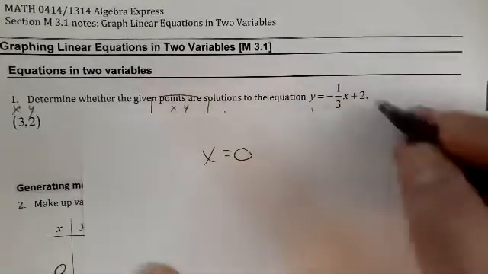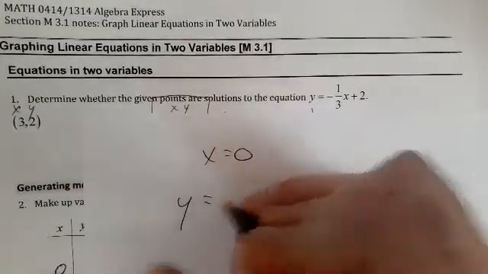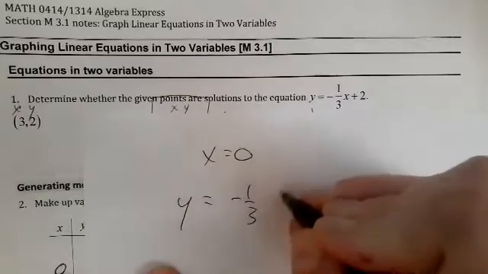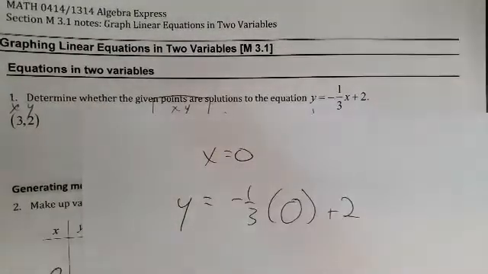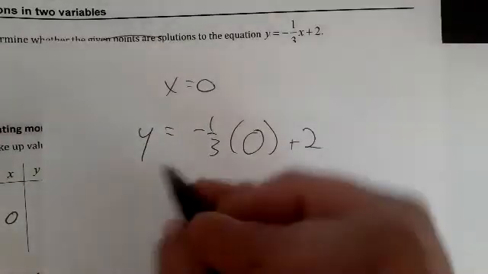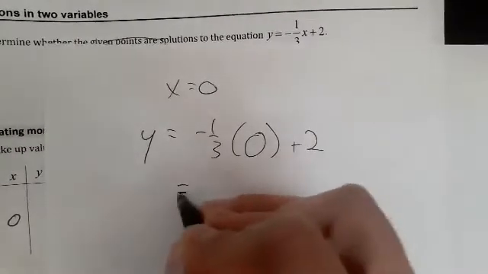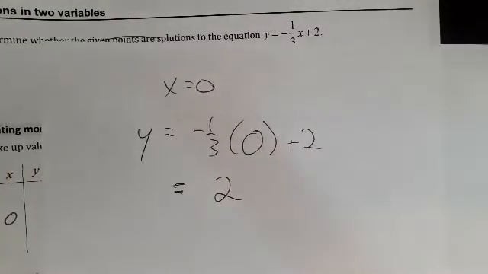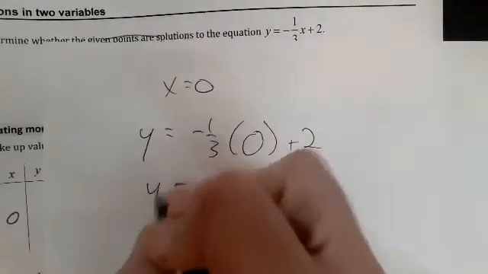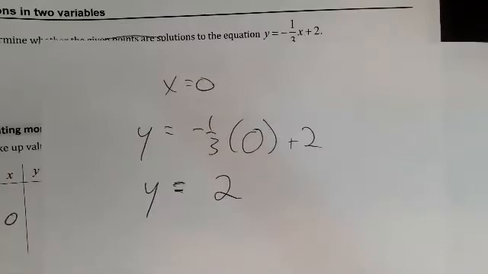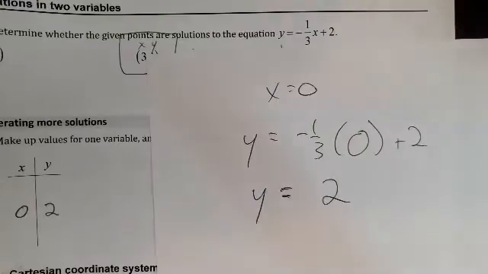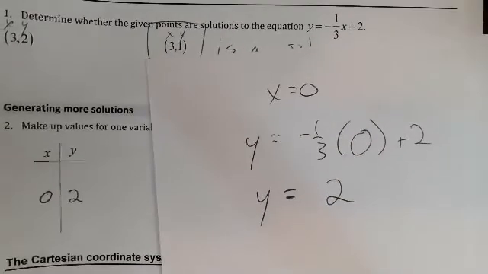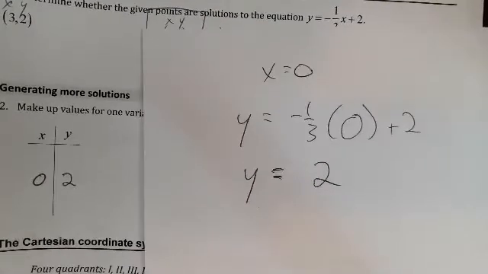So I have to take this y equals 1/3 times x plus 2, and plug in 0 in place of the x. And if I do that, a lot of things disappear. Plug in 0. It's a pretty easy number to plug in most of the time. So this is giving me a y value of 2. So when my x is 0, my y is 2.